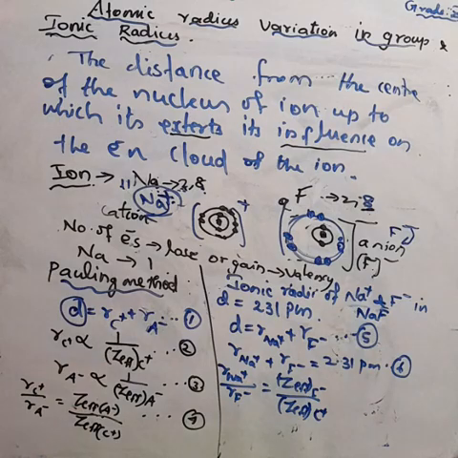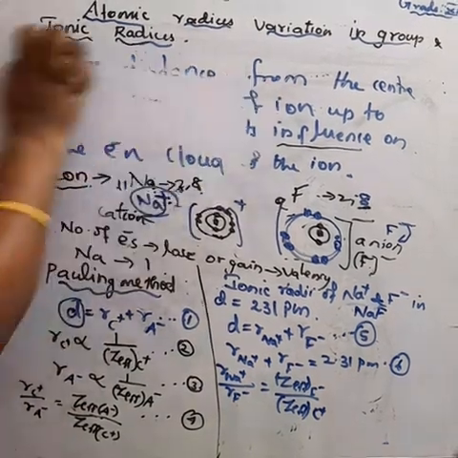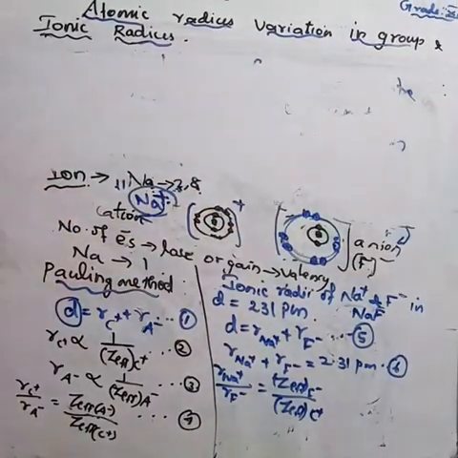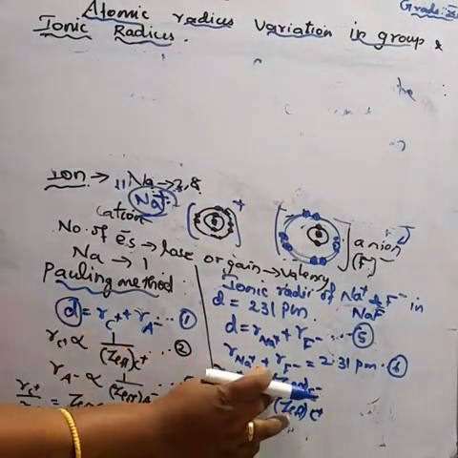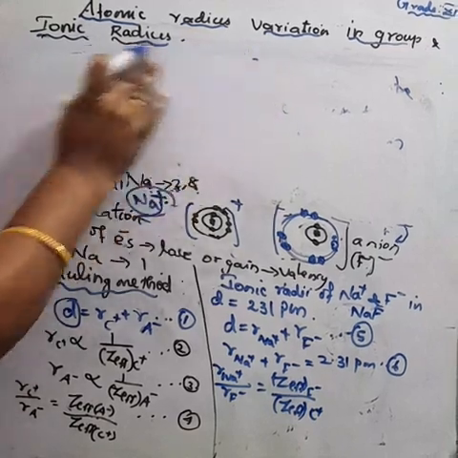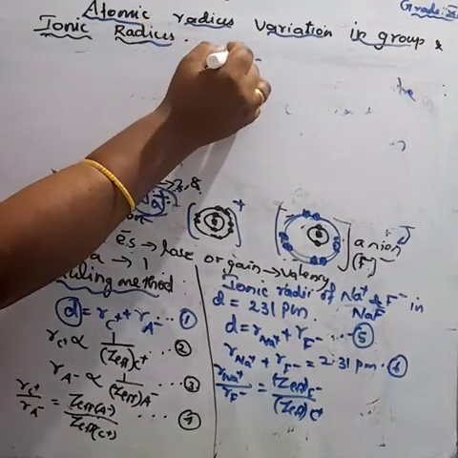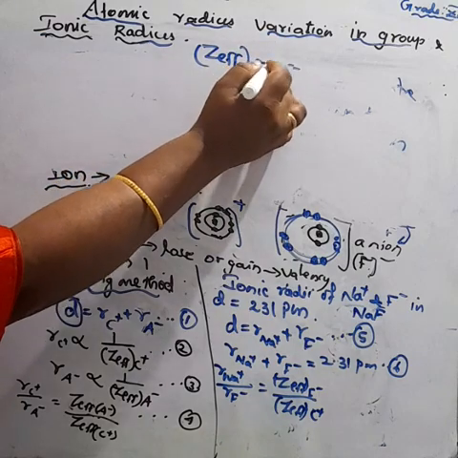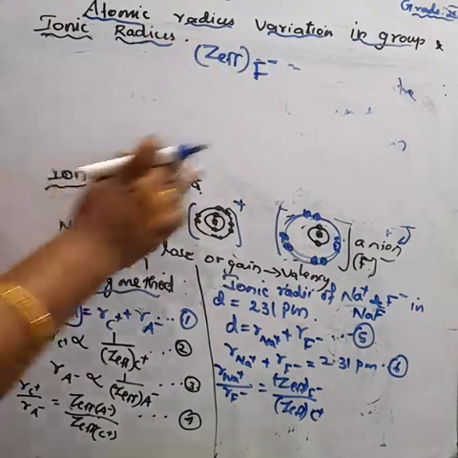Here Z_eff F- means the effective nuclear charge for the fluoride anion. What is the electronic configuration for the fluoride anion?